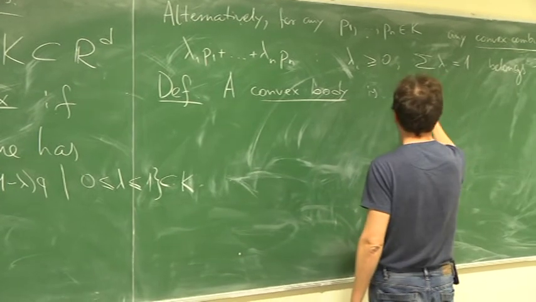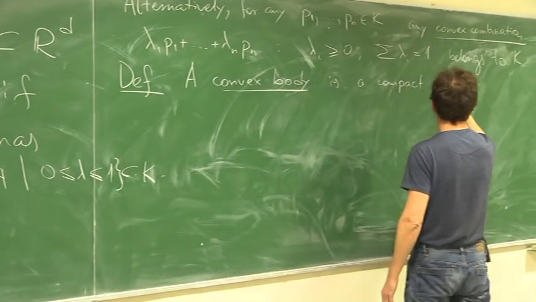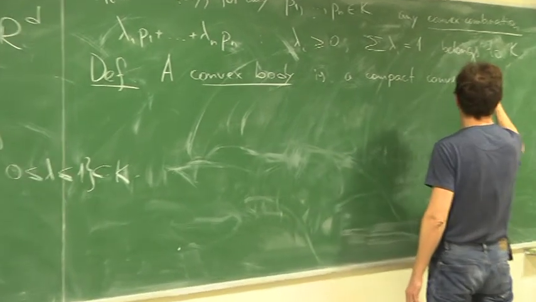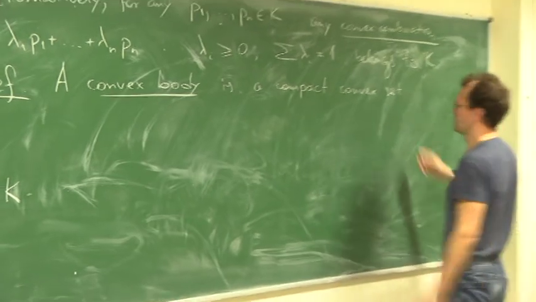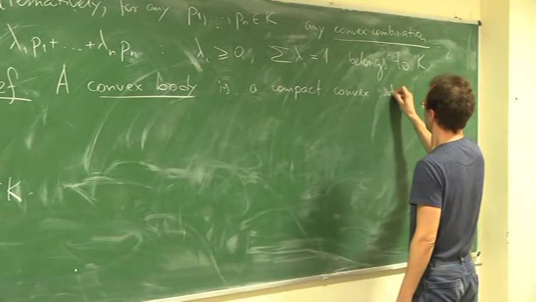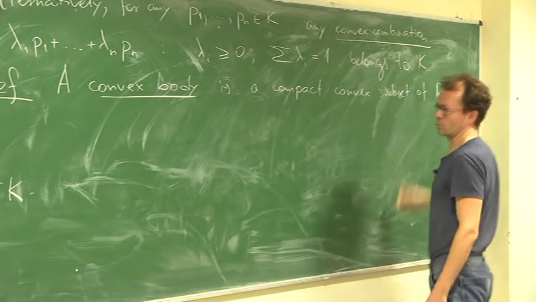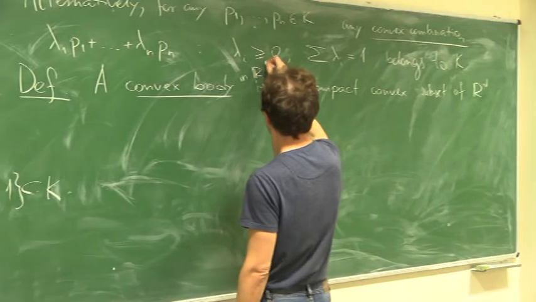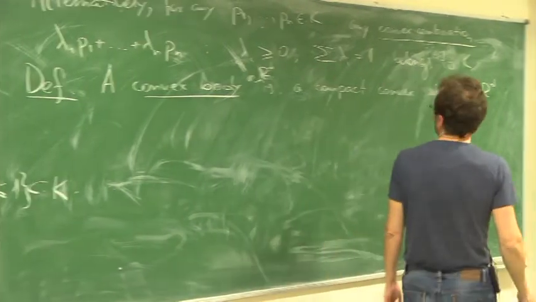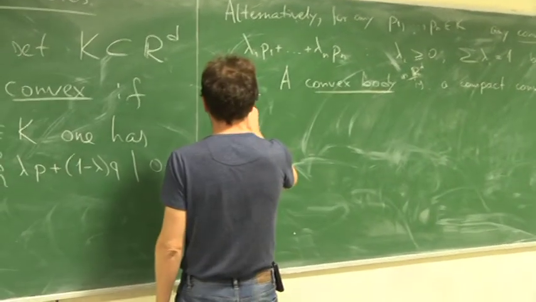A convex body in R^d is a compact convex subset of R^d with non-empty interior.